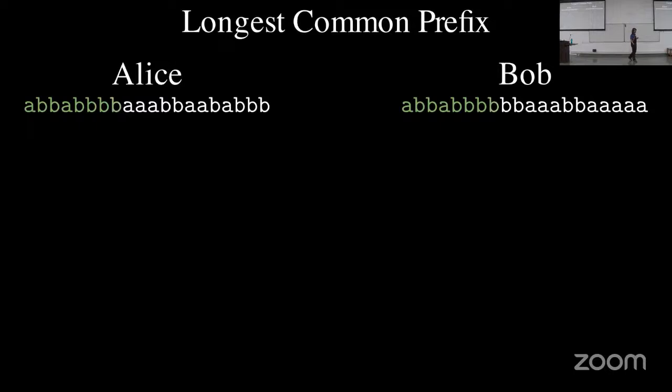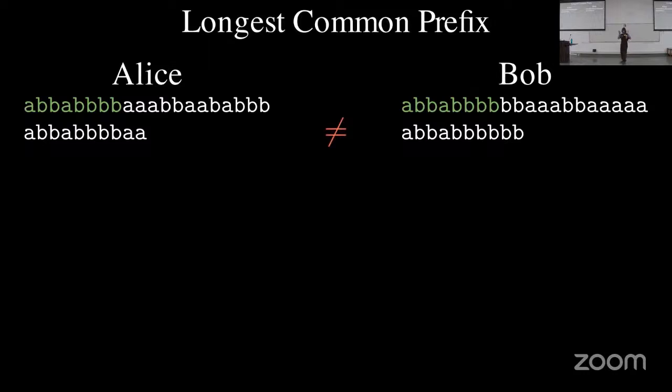Okay, so how can they do this? They can do the same protocol which works for every function, that is Alice can send her string to Bob or something like this, but this is very costly. So instead, they can perform binary search. They can ask whether the halves of their strings are equal to each other, and they can engage in the perfect equality protocol of Alice sending the string, so they get that these halves are not equal.